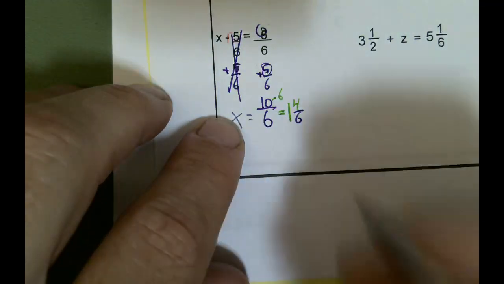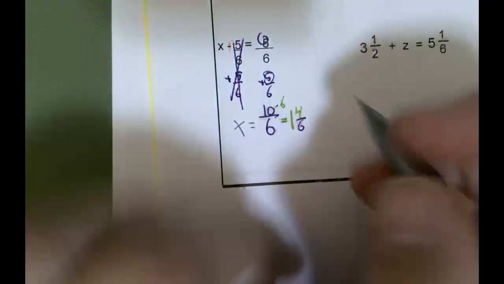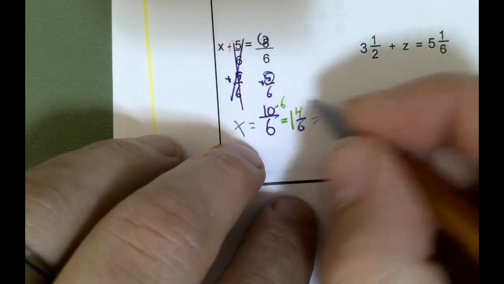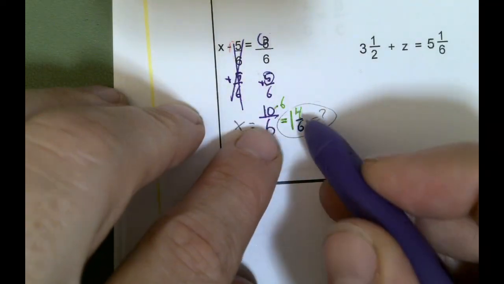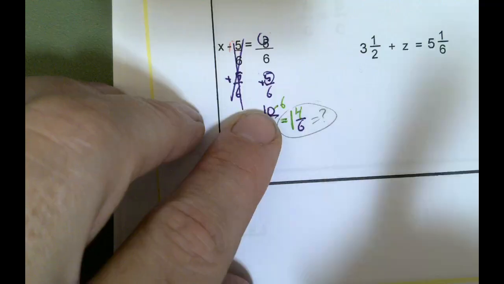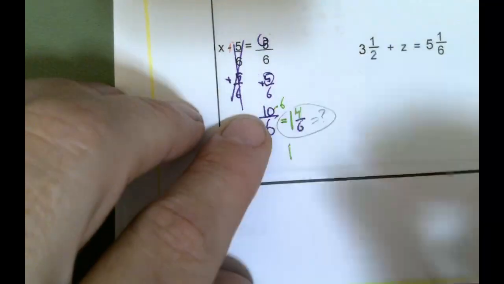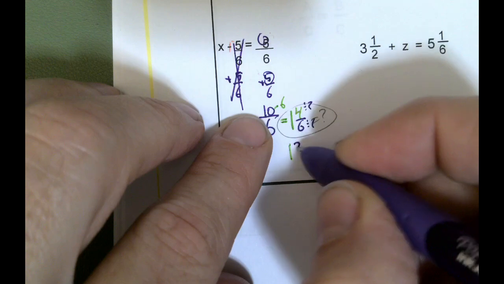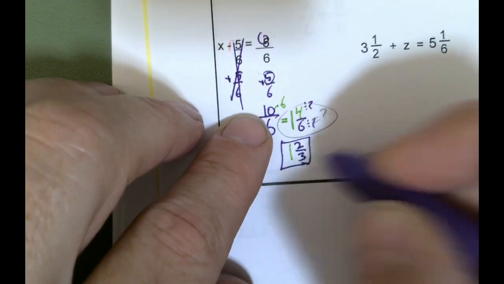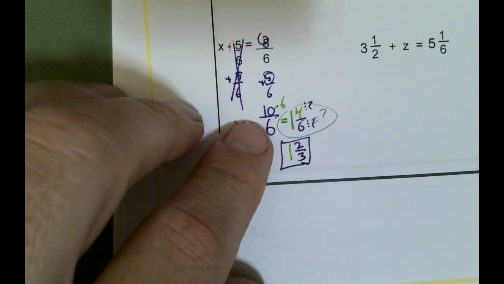You'll see me on assessments usually, or on quizzes rather, put down equals question mark and circle it to let you know. Oftentimes I do that to let you know, you're right, but what does this equal? It can be simplified because you can take a 2 out of both of them. So when you do that, that's where we get 1 and 2/3. So yes, in math class, make sure your fractions are in simplest form.